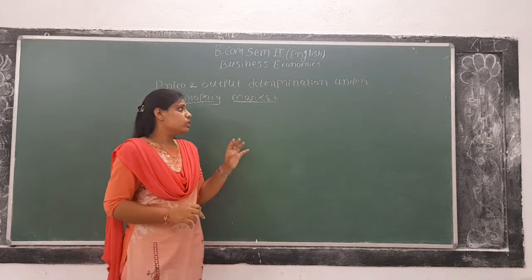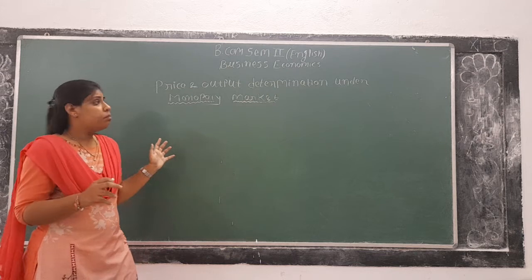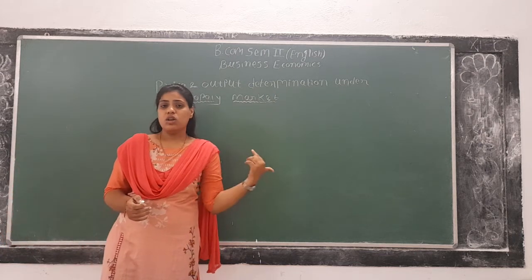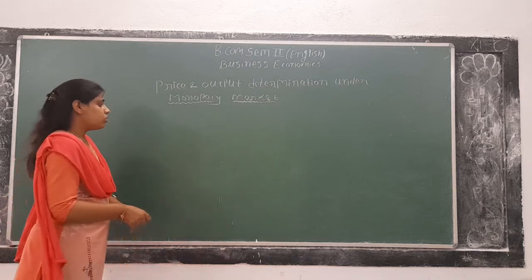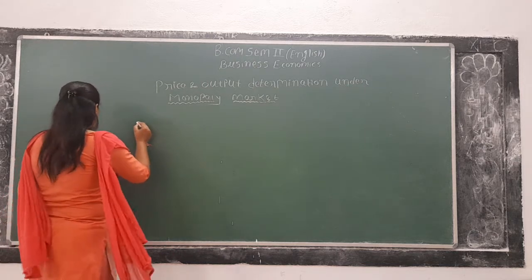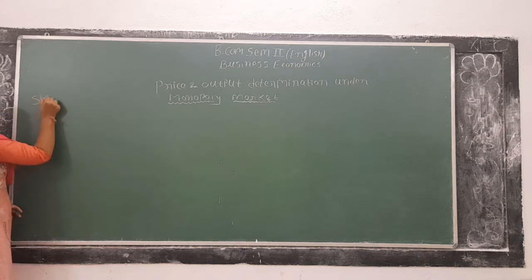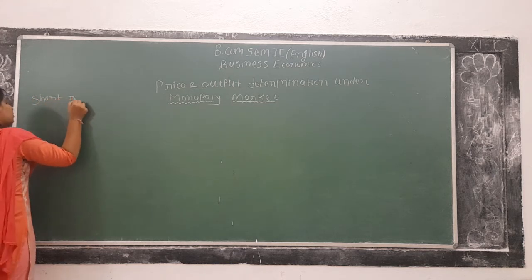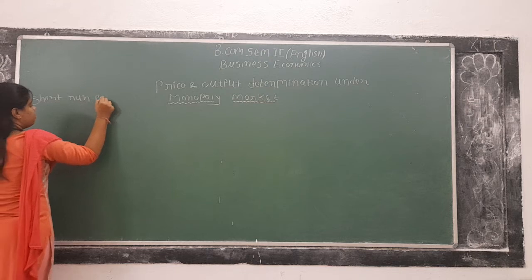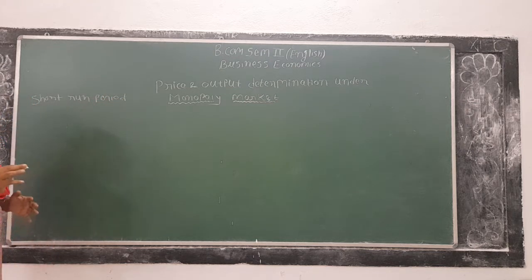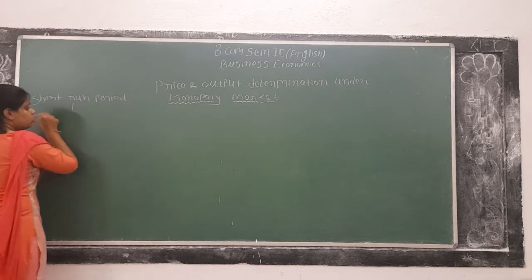So here we are going to see the price and output determination under the monopoly market in the short as well as the long run. When we talk about the short run period, a monopoly firm can face three types of conditions. What are those conditions?